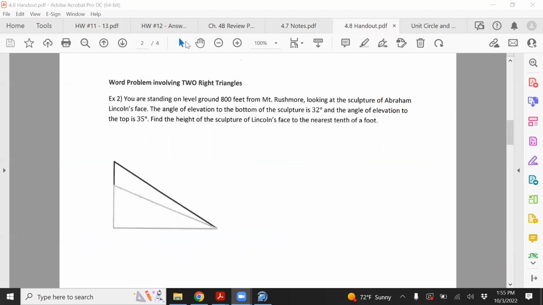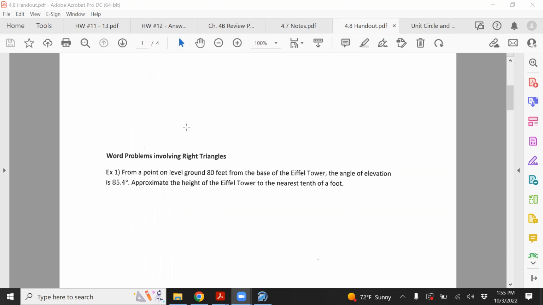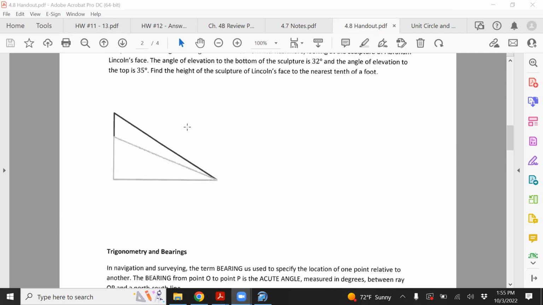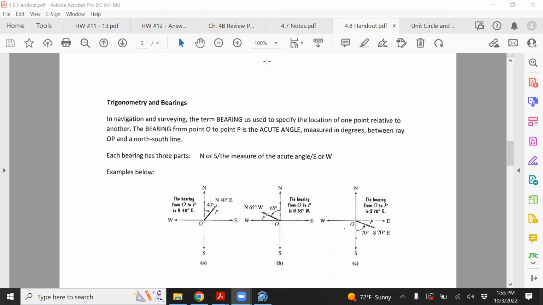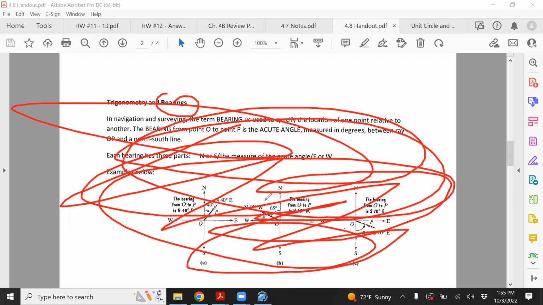Okay, the last set of notes, so if you guys turn the page, I want you guys to cross off some things first. Near the end of the notes, where it says bearings, we're not going to do that.